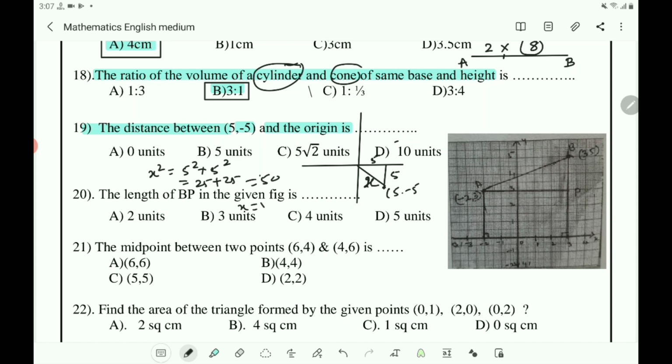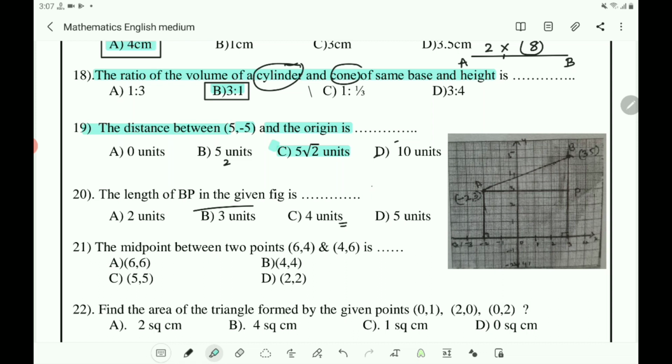So x equals root 50, which is square root of 25 into 2, that equals 5 root 2. Then what is the answer? Option C is the answer. Note down, option C.